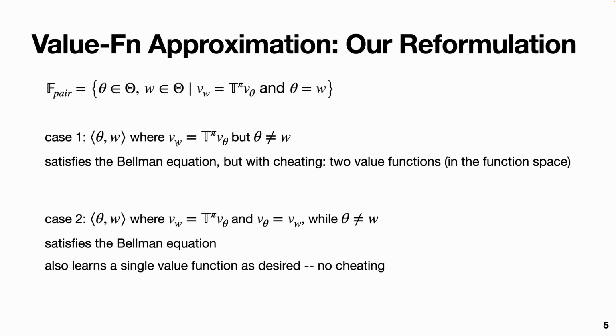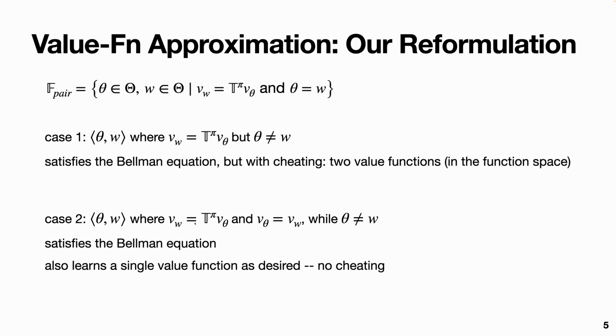But now let's take a second case, where things get more interesting. Let's say we do satisfy the Bellman equation, but we also satisfy the equality that v theta is equal to v w, even though the two weight vectors are not exactly the same. So we satisfy the Bellman equation, and we are also learning just a single value function. We satisfy this equation without any cheating.